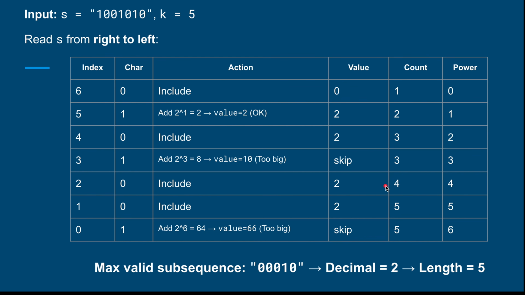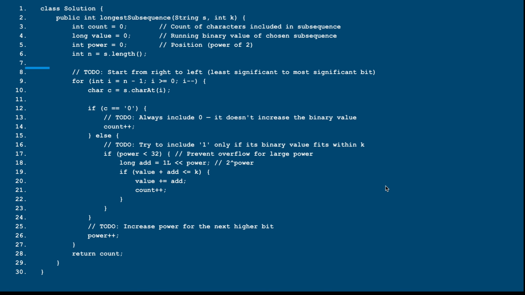So if you observe, the summary of this logic is to just go from right to left, and always include 0. It will help you to increase the length without increasing the value, right? So we'll do count plus plus.